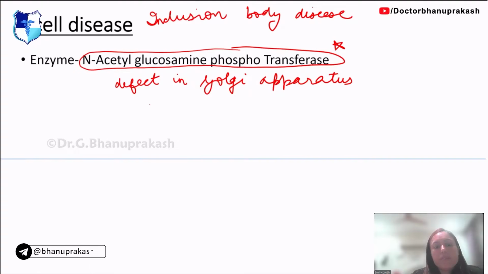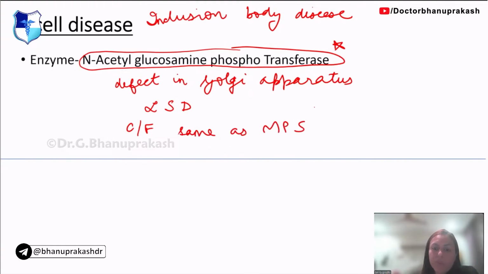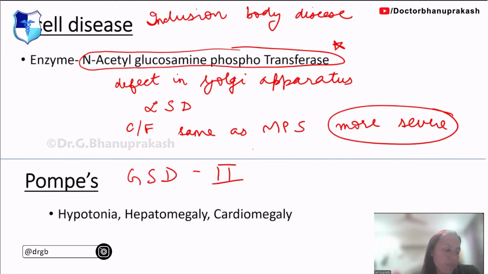The clinical features are the same as mucopolysaccharidosis, but more severe. Then coming to Pompe's disease, which is glycogen storage disease type 2. Patient has hypotonia.